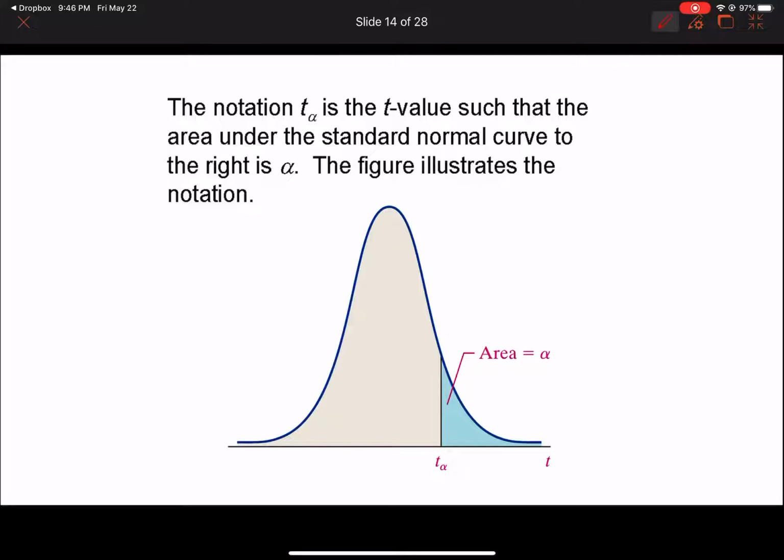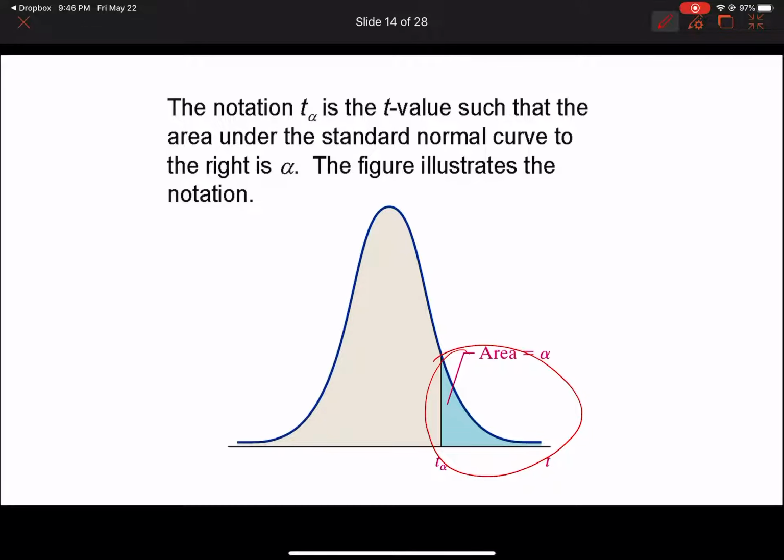When we're looking at t sub alpha, the notation t sub alpha is a t-value such that the area under the curve to the right is alpha. We did this with our critical values. When we were looking at critical values, our alpha was this area right here.